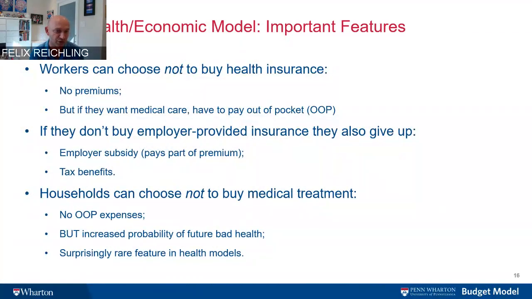So you basically gamble with your health if you don't get needed medical treatment. And this is actually a surprisingly rare feature in health models. I've not seen this before, but there's a lot of data, if you know where to look, on this issue that a lot of people go without needed medical treatment.